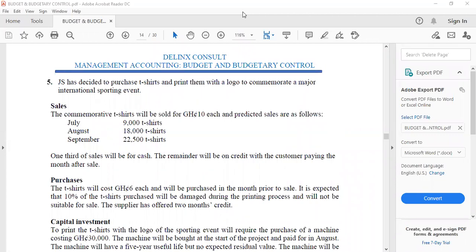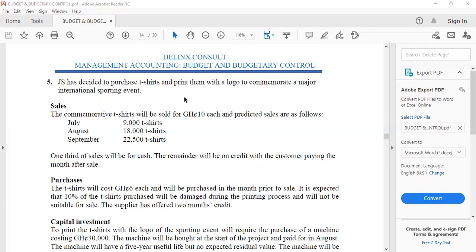JS has to purchase T-shirts and print them with a logo to commemorate a major international sporting event. The commemorative T-shirts will be sold for 10 cedis each, and sales are as follows: July, 9,000 T-shirts; August, 18,000 T-shirts; September, 22,500 T-shirts.